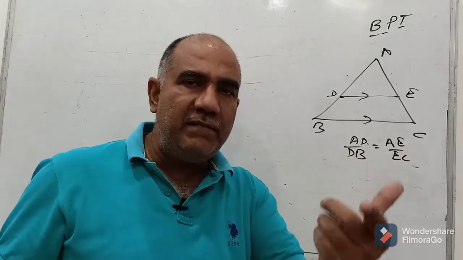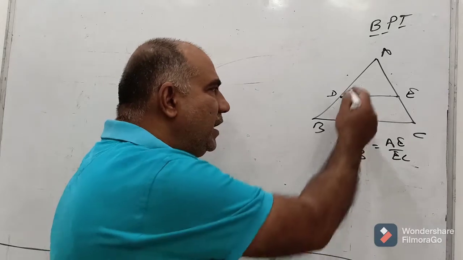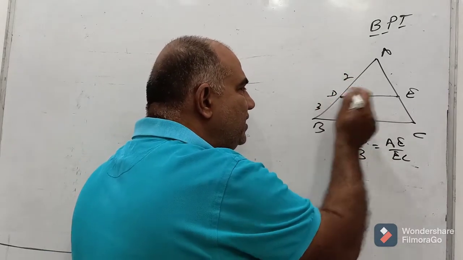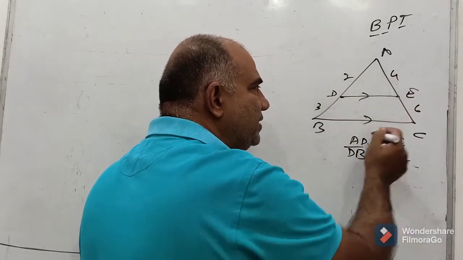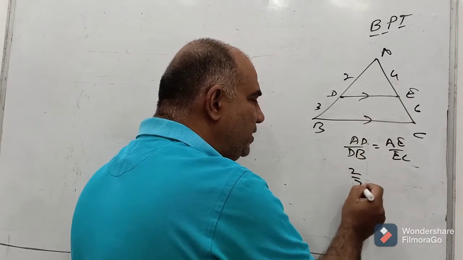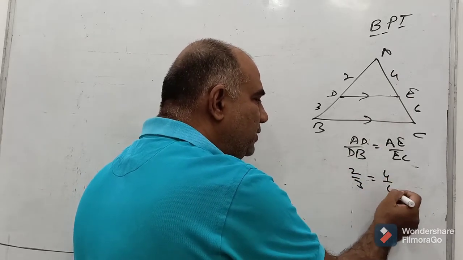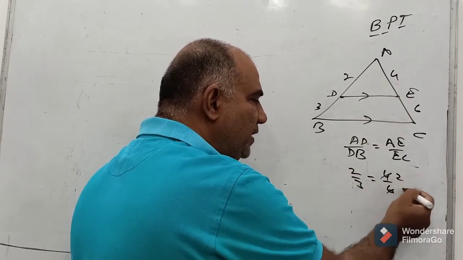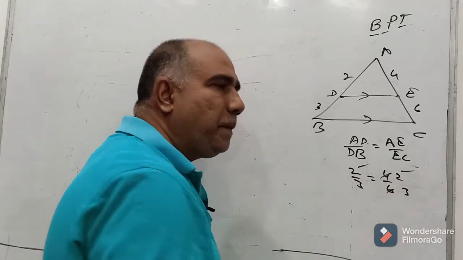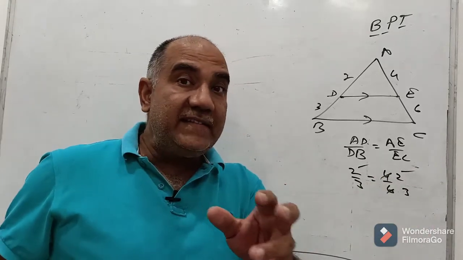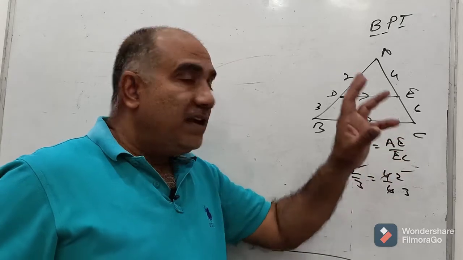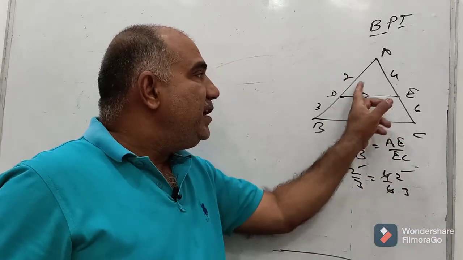With a small numerical value, I'll make it amply clear to your mind how to go about. Let us say this is 2 and this is 3, or this could be 4 and 6. So if you write here 2 upon 3, that will become 4 upon 6. If you strike out 2 by 3, so this is equal. It is not necessarily an essential requirement that AD should be equal to AE.